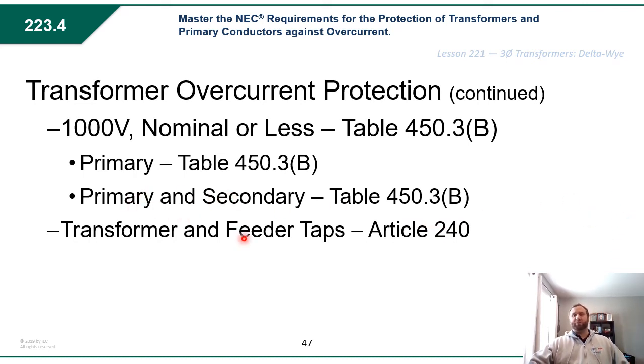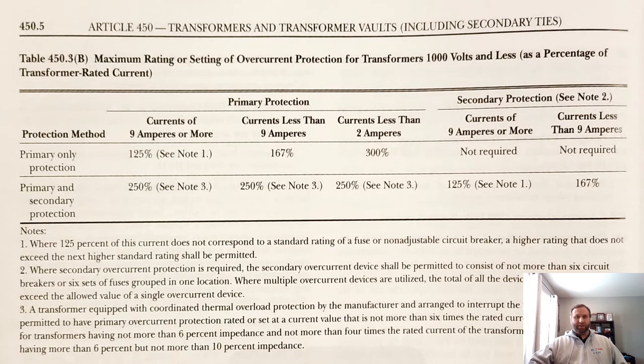And then for transformer and feeder taps, you're going to reference Article 240. Article 240 has different references for transformer secondaries. But for sizing your primary protection, you're going to use this table here. Primary protection and secondary protection, use this table here.